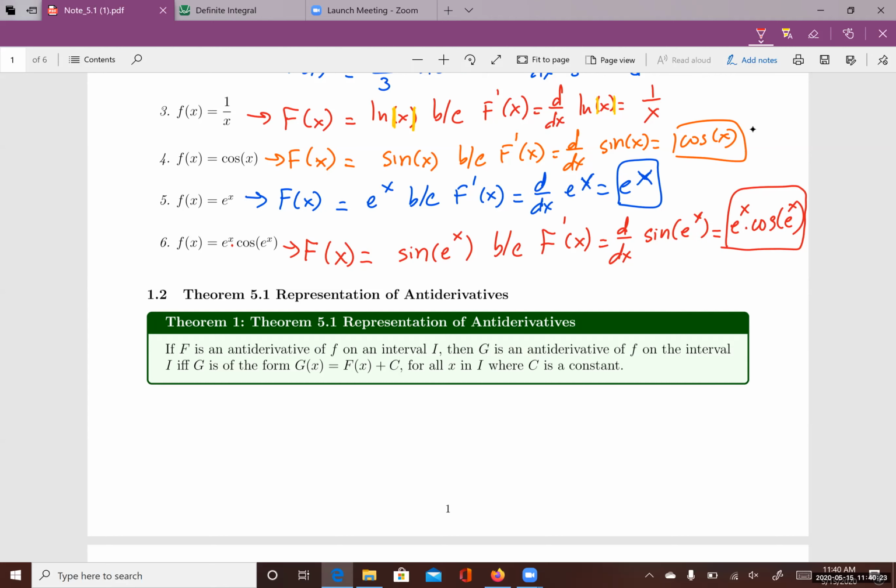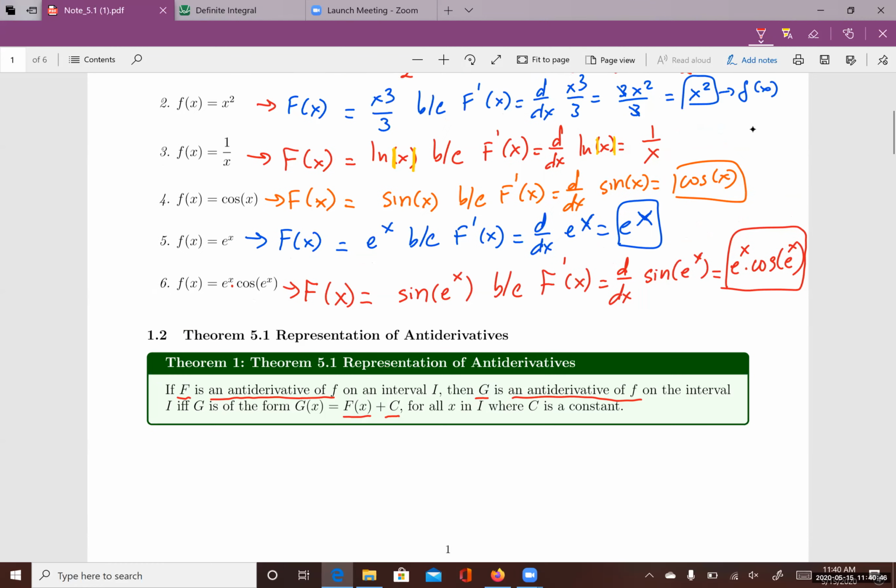So Theorem 5.1 says if big F is an antiderivative of f on the interval I, then G is an antiderivative of f on the same interval if and only if G is equal to big F of x plus a constant. What does it mean?